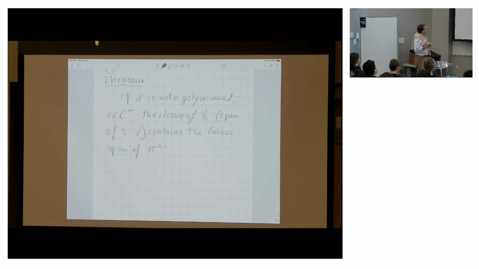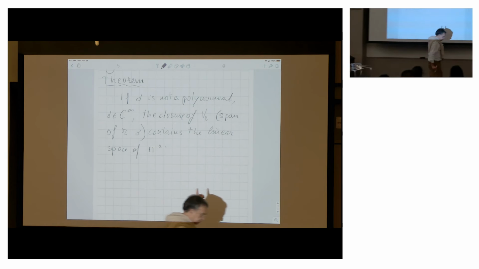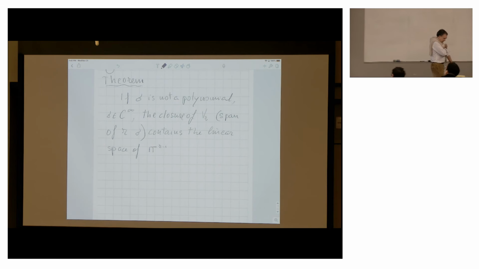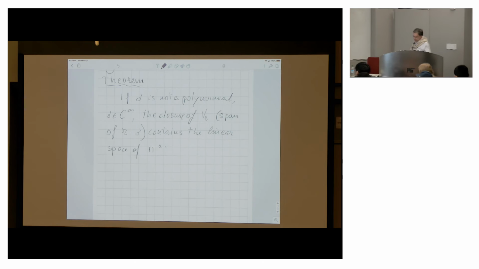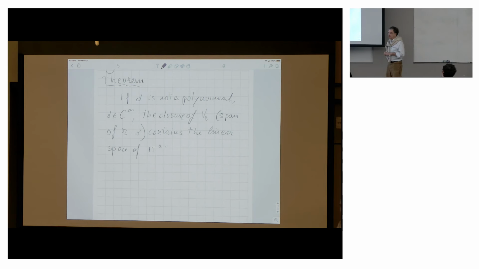So let's assume this. The statement is that combinations, the output of a network, which is a combination of sigmoids, and there are limits, that's the closure, but we'll see what happens, represents exactly the space of polynomials in one variable.